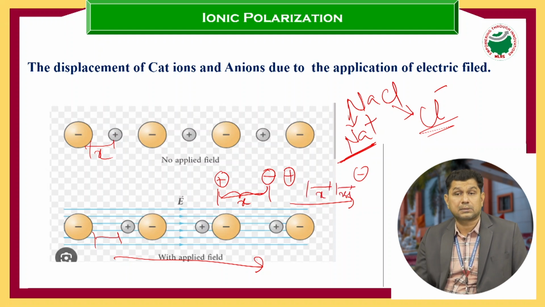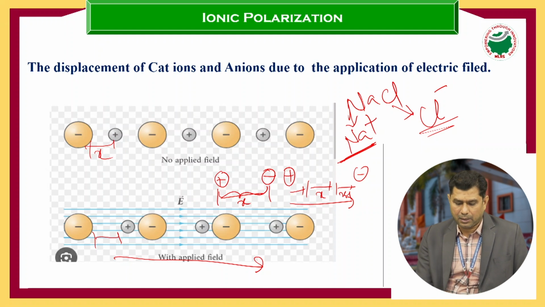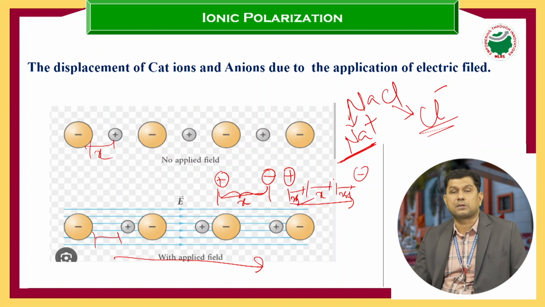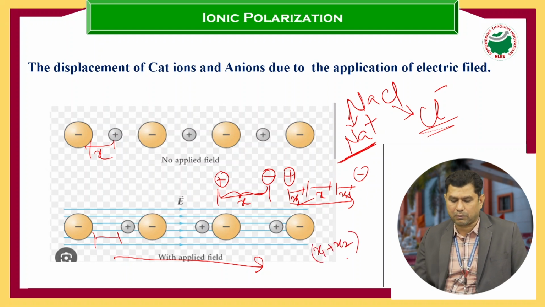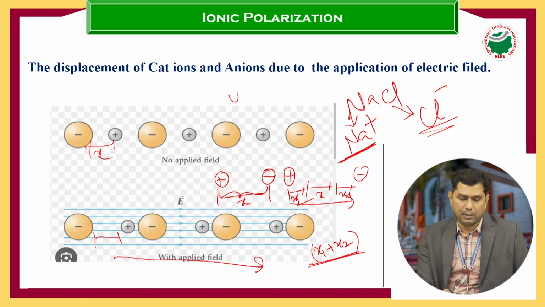x1 is the distance displaced by the negative ion. x2 is the distance displaced by the positive ion. So what is the net displacement? Net displacement is nothing but x1 plus x2. So the distance between the ions is increasing automatically. The dipole moment is nothing but distance into charge.